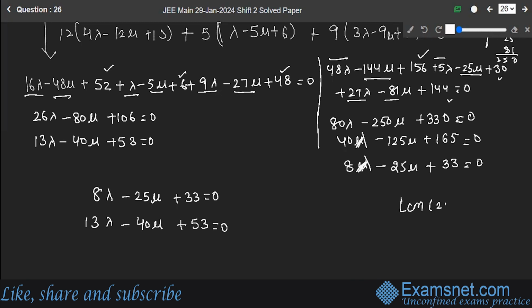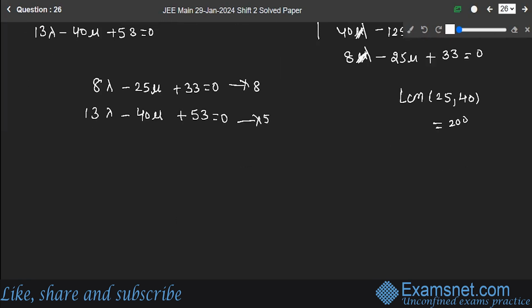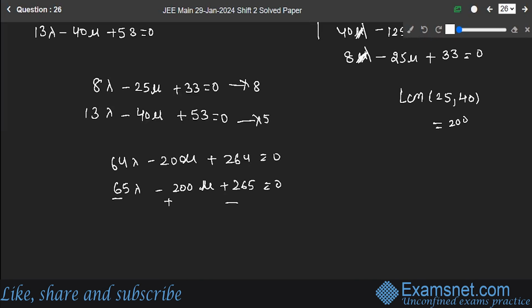The LCM of 25 and 40 is equal to 200. So let's multiply this with 8 and this with 5 to get lambda and mu values. This is going to give me 64 lambda minus 200 mu plus 264 is equal to 0, and 65 lambda minus 200 mu plus 265 is equal to 0, minus plus minus.